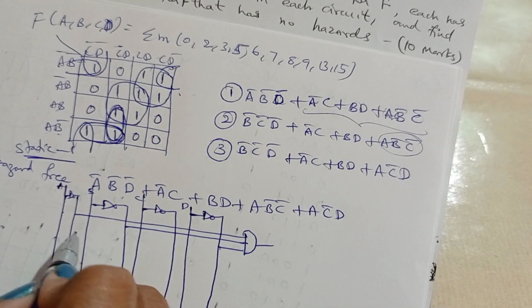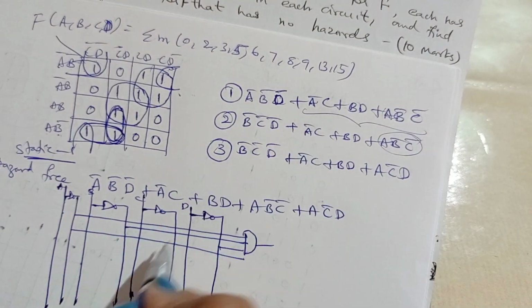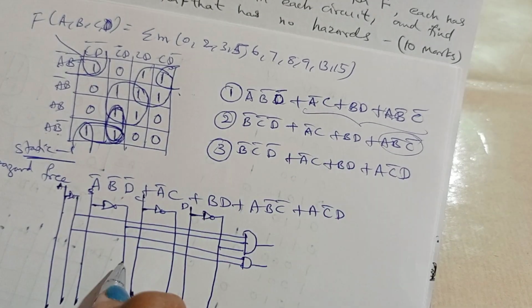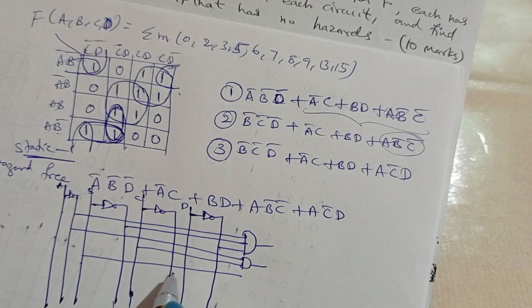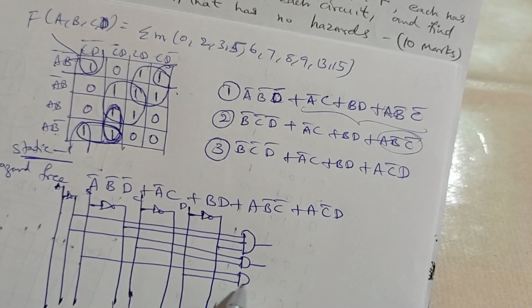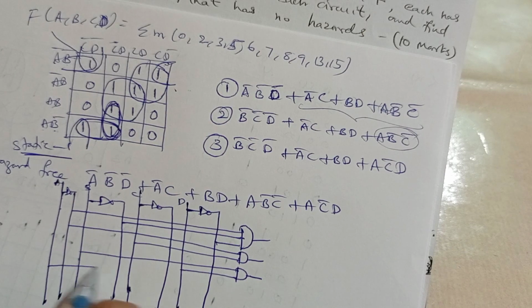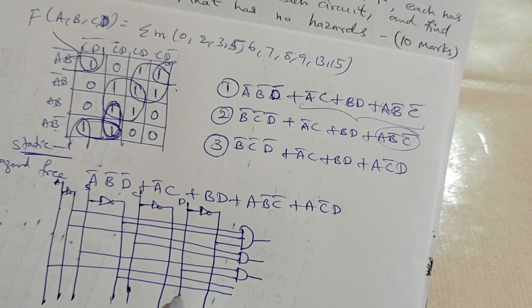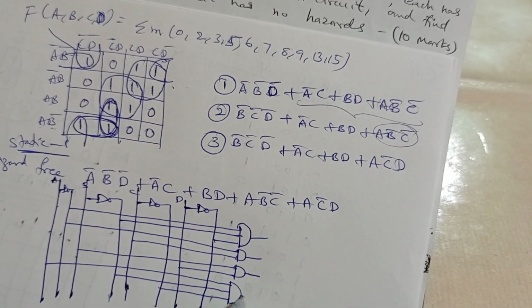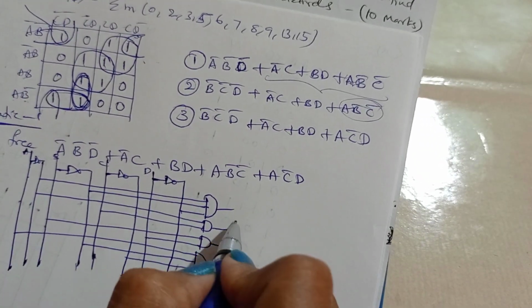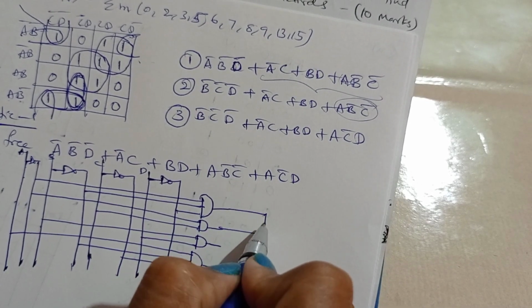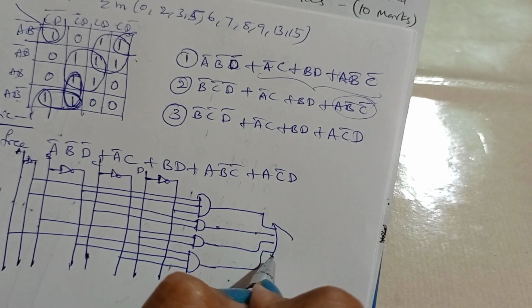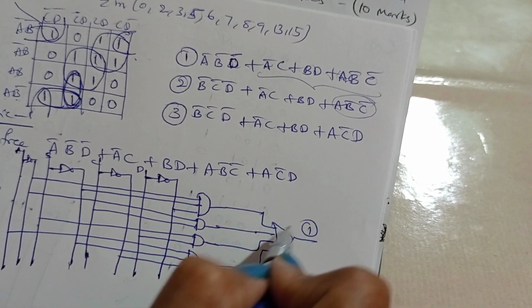Next, A bar, C. Next, B, D. Next, A, B bar, C bar. These are the three terms. Now, combine all this with OR gate. This is first one.